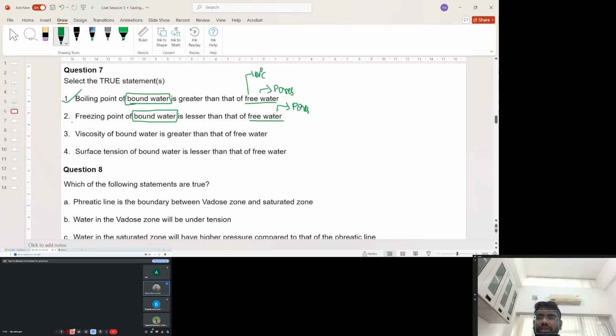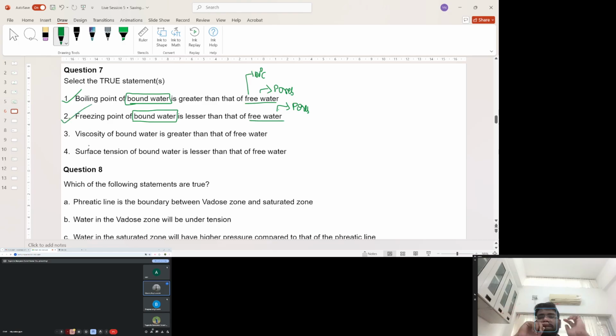So that is why the freezing point of bound water will be lesser than 0; it will be in minus. That depends on the thickness, which indirectly depends on the mineralogy, salinity, grain water surface and several other parameters. So this option is also right.